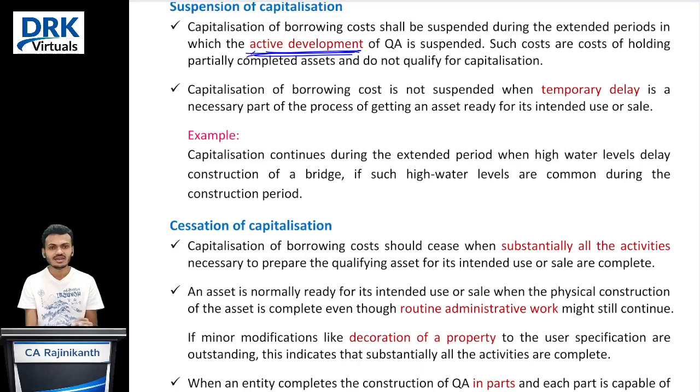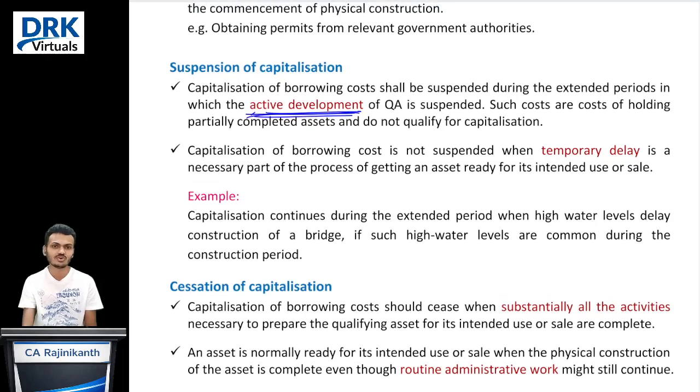However, in normal delays, it is not an extended period. In our example, due to COVID-19, active development was interrupted, which resulted in an extended period, correct?